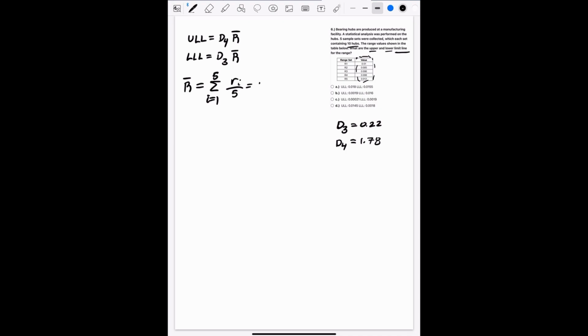So that's going to give you 0.01 plus 0.005 plus 0.006 plus 0.008 plus 0.012. And again, that's all of these values, and then all of this divided by 5. So hopefully that's making sense. That's going to give you an R bar value of 8.2 times 10 to the negative 3. So now we have all the necessary information here, and we can simply plug everything in.